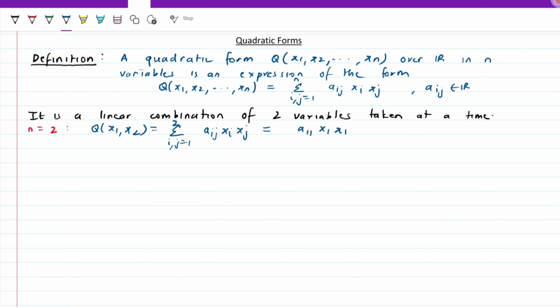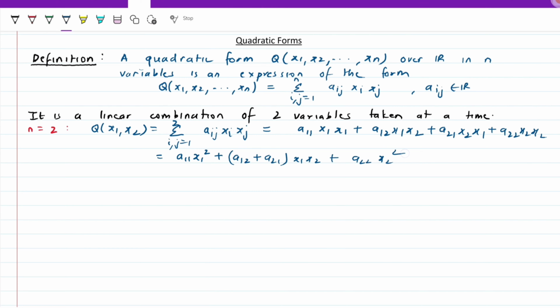When we put i as 1 and j as 2, we get a12 x1 x2. Reversing the values, we get a21 x2 x1, and lastly we get a22 x2 x2. And this simplifies to a11 x1 square plus (a12 plus a21) into x1 x2 plus a22 x2 square.